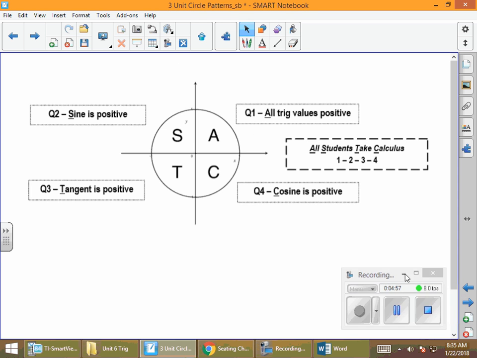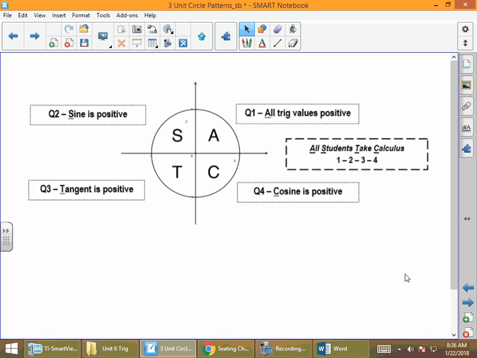As we look at our second little technique down here, there is a mnemonic. A mnemonic means memory aid to help us remember the signs.